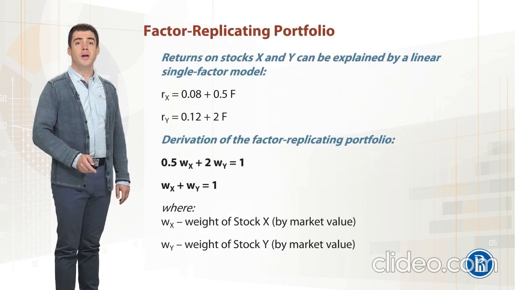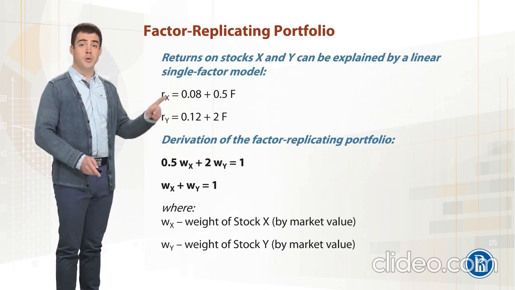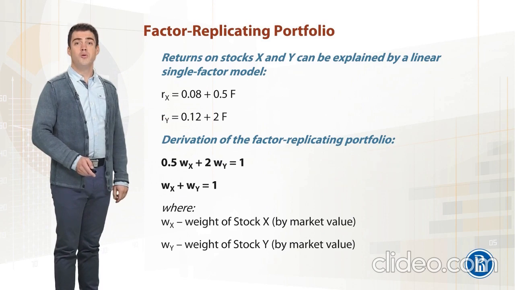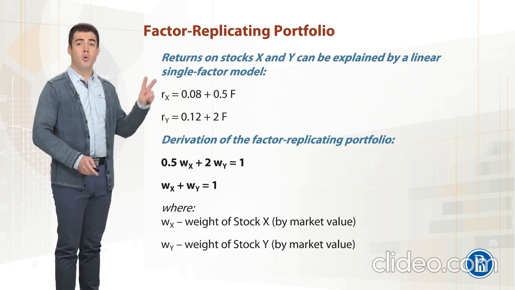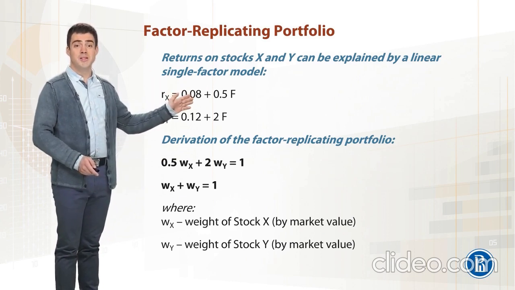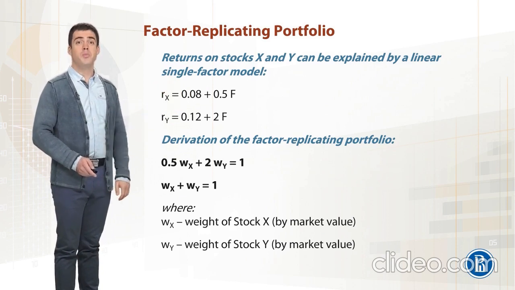For example, we can create the factor replicating portfolio which has the sensitivity to factor equal to 1. For this reason, we need to solve the system of two equations with two unknowns. The first equation is the one for the target sensitivity, which has been set equal to 1, as we're looking for the pure factor replicating portfolio.